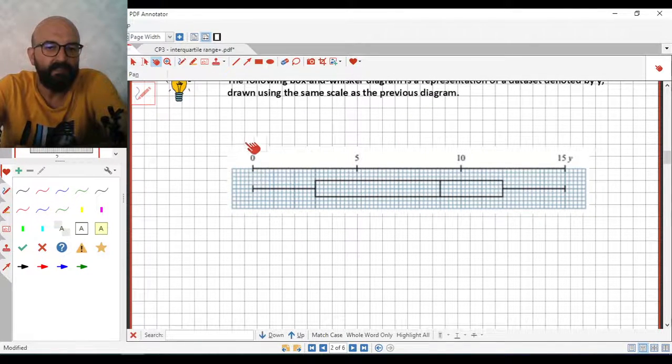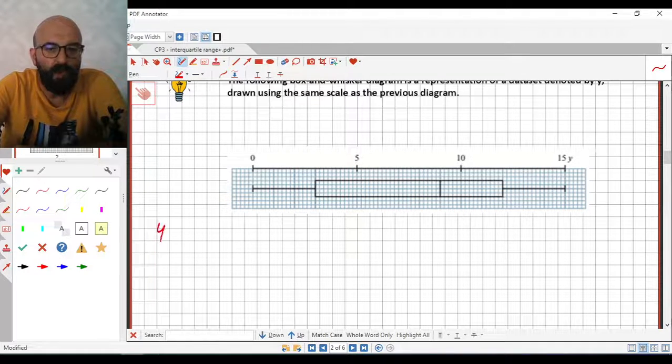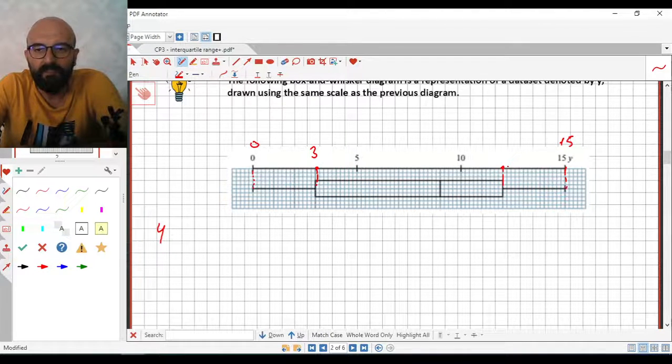For example, in this diagram for Y, the lowest value is 0, and the biggest value is 15, the lower quartile is 3, the upper quartile is 12, and the median is 9. This is Q1, this is Q2, and Q3.